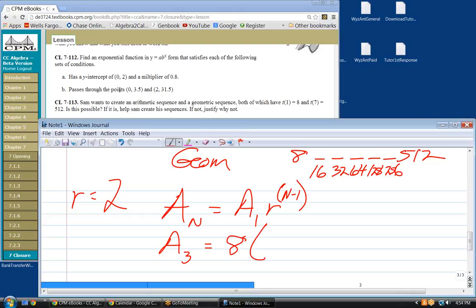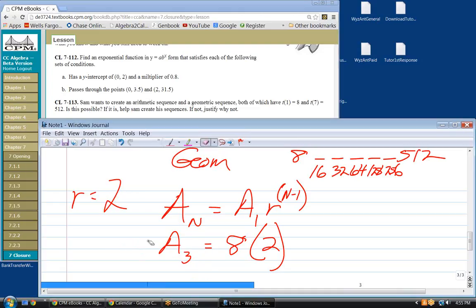This is why this is in the exponential section, because we have to use exponentials to solve these. What is the exponent going to be? What's n minus 1? What's n in our example? I don't know. Well, look, right there.